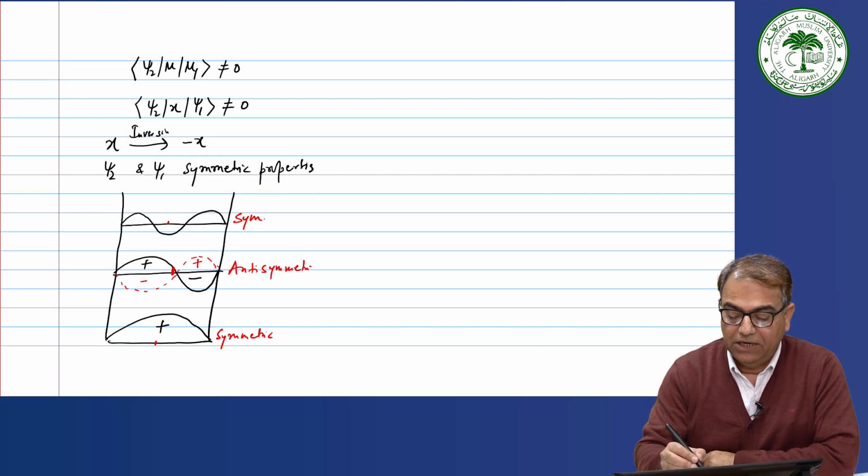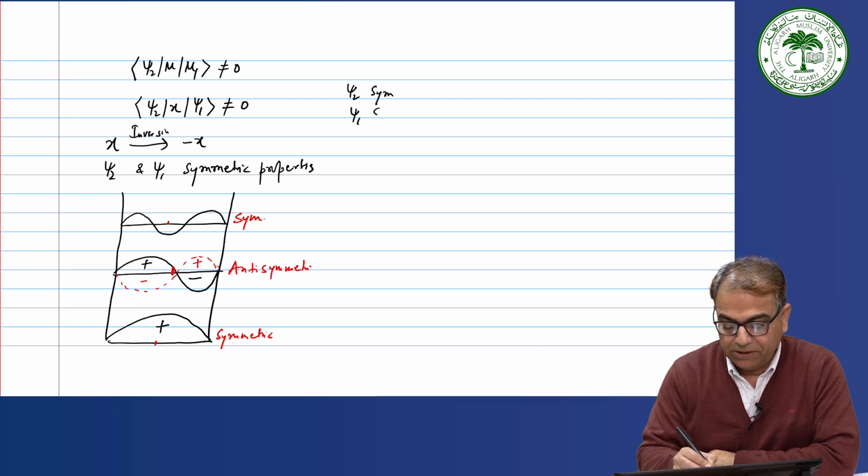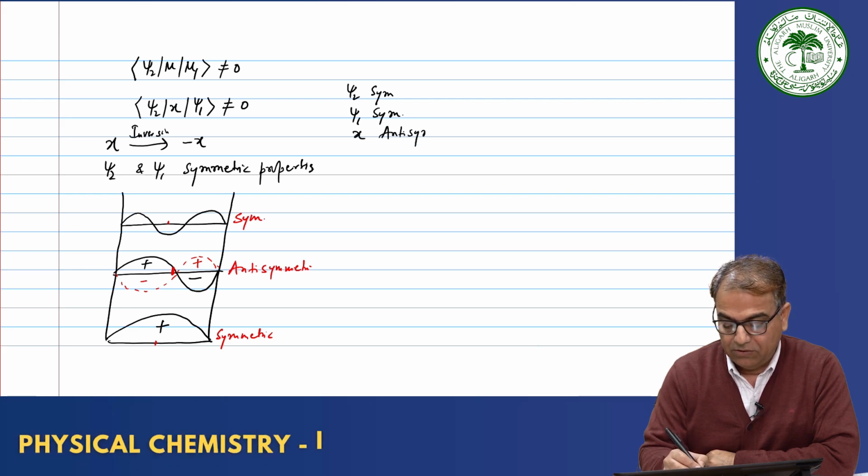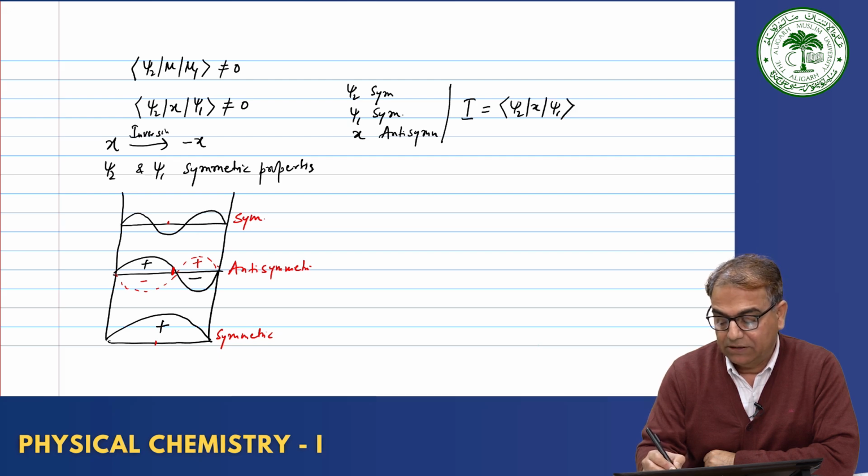Okay. If that is so, then if psi 2 is symmetric, psi 1 is also symmetric, and your x is antisymmetric always, then what will happen to the integrand? Integrand means psi 2 x psi 1 d tau, or bra psi 2 x psi 1 ket.